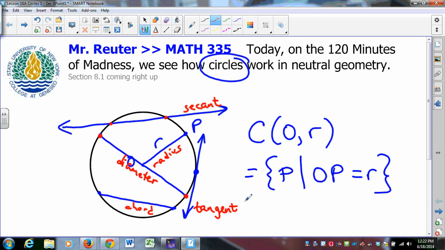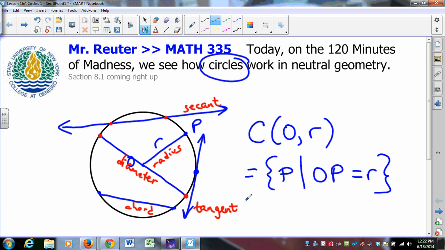A tangent line ever so gently kisses the circle just one time. So that's all your vocabulary. That's the slide you're going to have to refer back to when I start throwing terms out there. You've got radius, diameter, chord, secant, tangent. All of them. Okay?